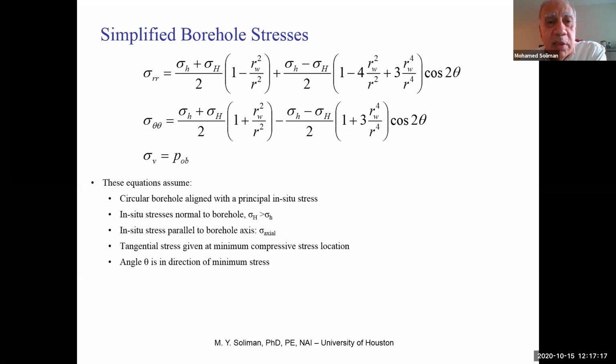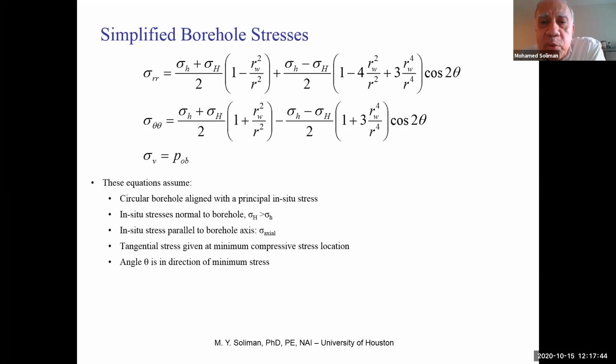At R equal RW, I have sigma h plus sigma H max minus, this is 1 plus 3 is 4, then it becomes a minus. I'm going to open parentheses, 2 sigma h minus 2 sigma H max times cosine 2 theta.